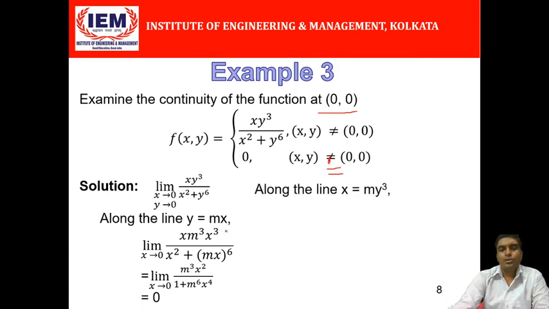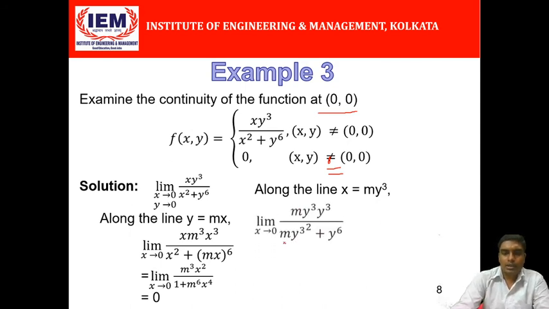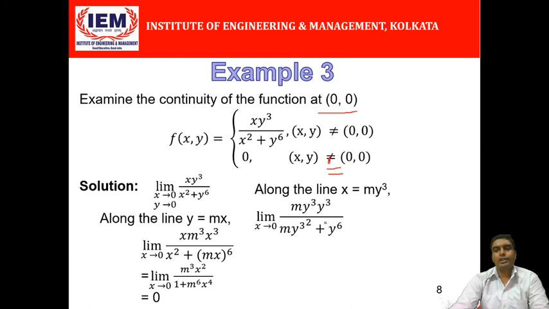Now if I approach another way, we are approaching the origin using this curve x equal to my cubed. I can approach by this straight line also. So now I plug x equal to my cubed here, and the result will be m by m squared plus 1.